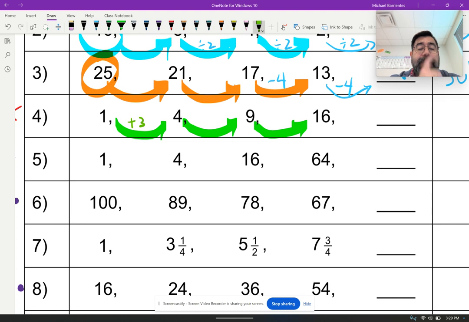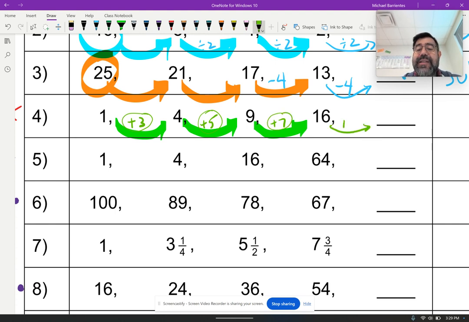But I do notice this. To get from 4 to 9, I have to add 5. And to get from 9 to 16, I have to add 7. So the pattern here is not that I'm adding the same number over and over again, but I'm adding special numbers. What kind of numbers are these?